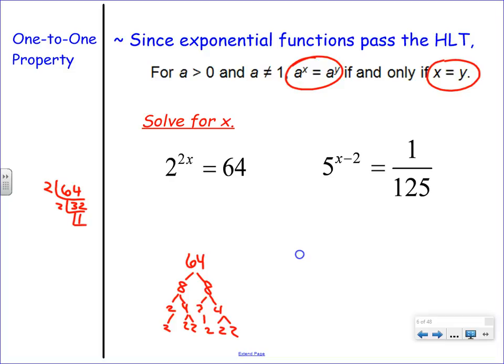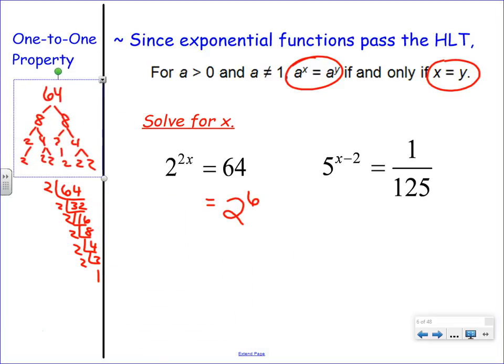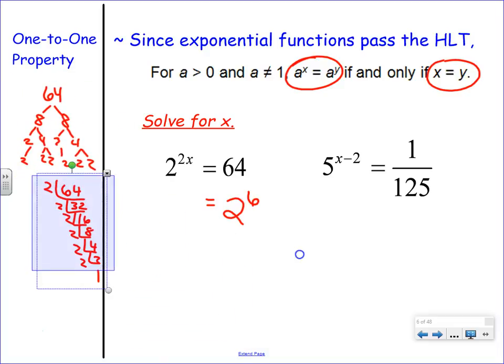You can keep on going like this. Either way, 1, 2, 3, 4, 5, 6. Whether you use the factoring tree or the box method, you can say 64 is the same thing as 2 to the 6th. Why is that so stinking helpful?